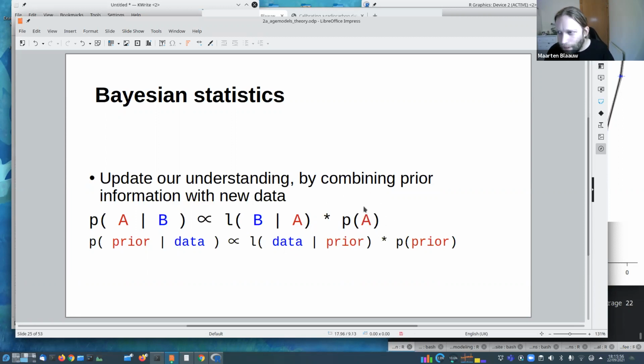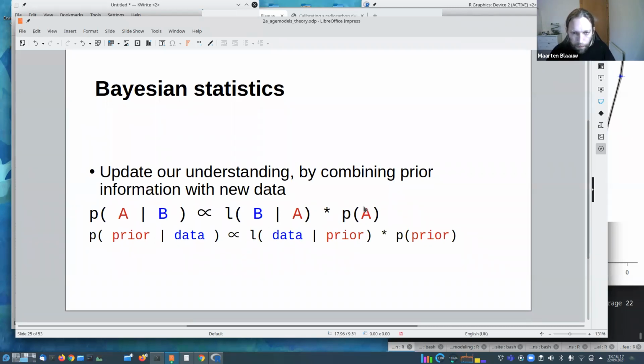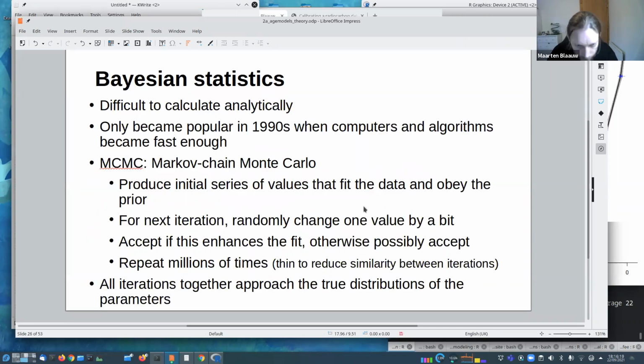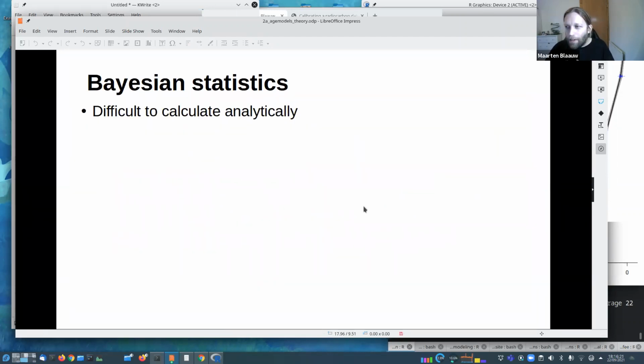That sounds perhaps difficult to envisage, but that's the basic idea behind Bayesian statistics. And as I said, for centuries nothing could be done with this because it was simply too difficult to calculate these factors analytically.